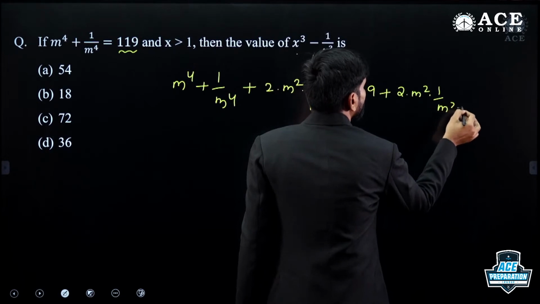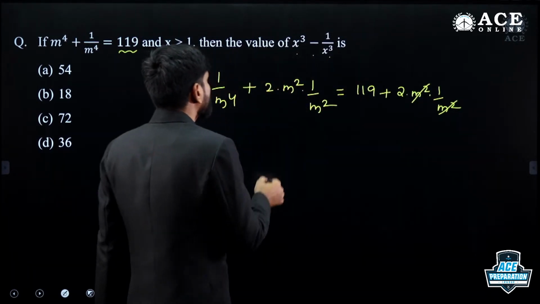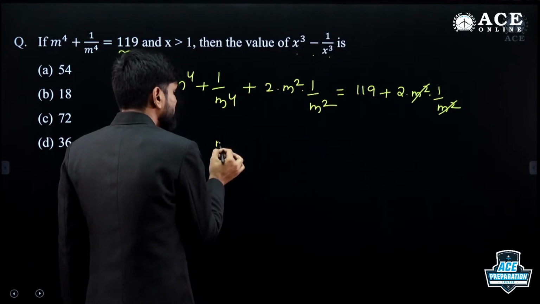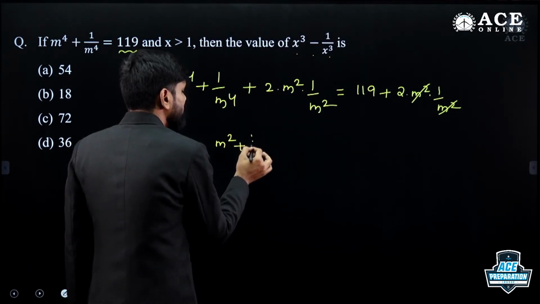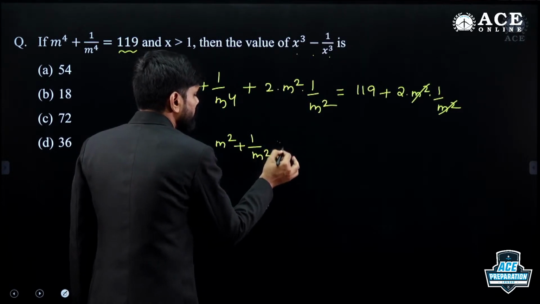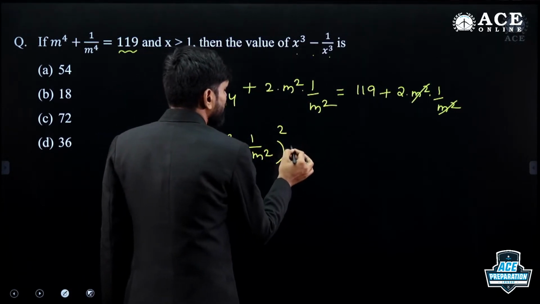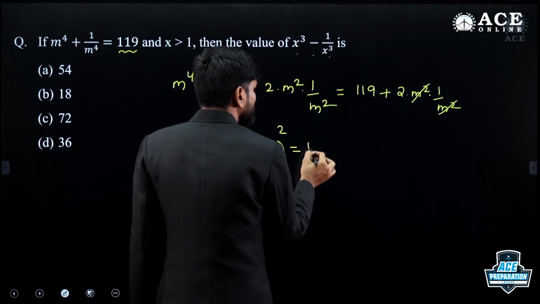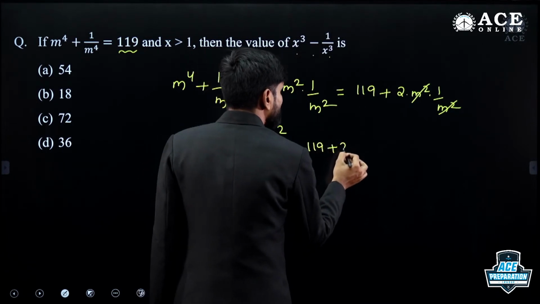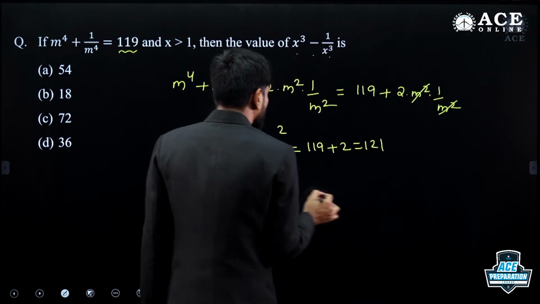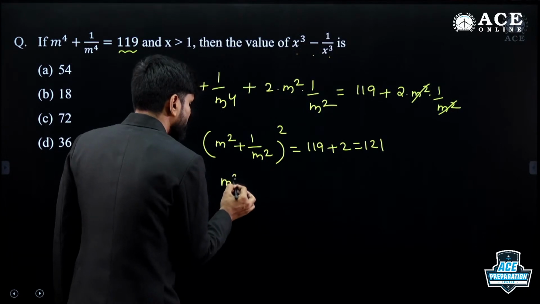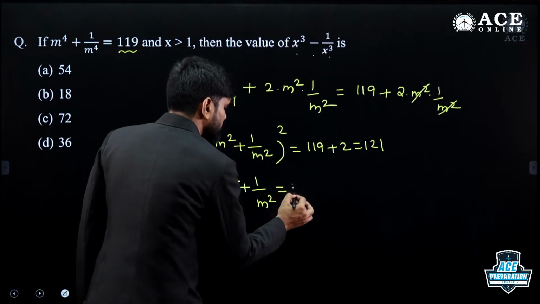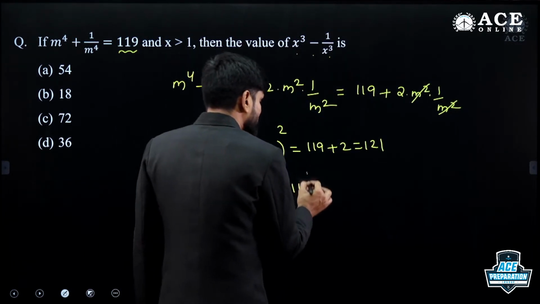So that will get cancelled, so that it becomes a formula. It is looking like a square plus b square plus 2ab, that will be equal to a plus b whole square. So m square plus 1 by m square whole square is equal to 119 plus 2, which is nothing but 121. From this I can say that m square plus 1 by m square is equal to 11.